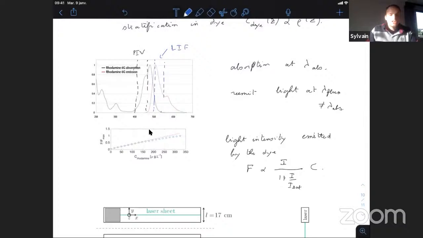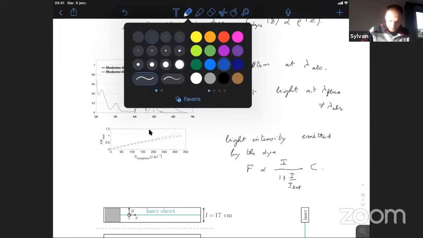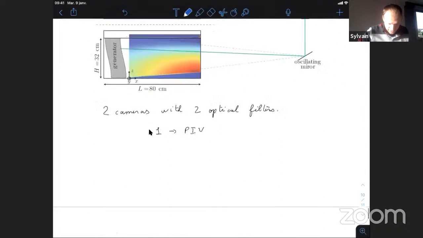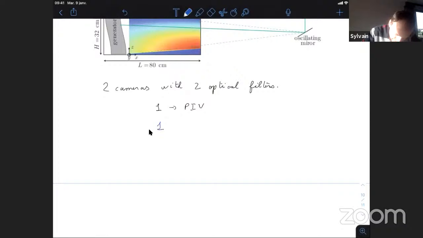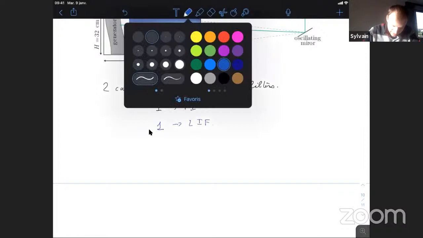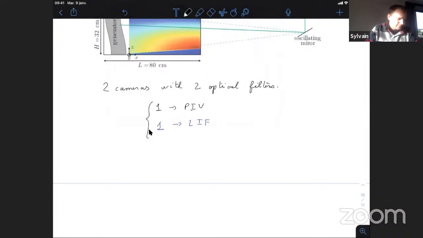So each camera is dedicated to one part: one is for PIV, one is for laser-induced fluorescence. So that's the first step.